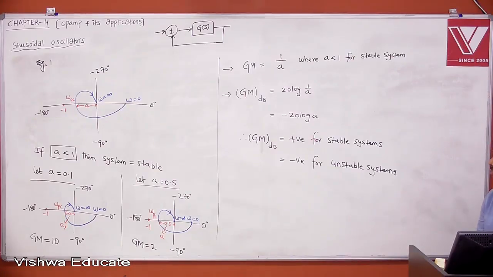Therefore, a 3-pole system, 4-pole system, 5-pole system, you take any number of poles, the system will be stable for a few values of k. If it were for all values of k, definitely the system won't be stable, because it crosses 1 for all values of k.